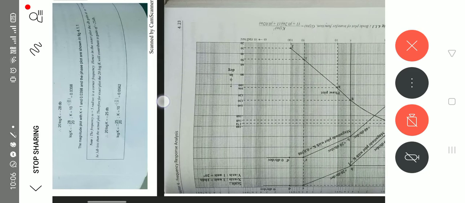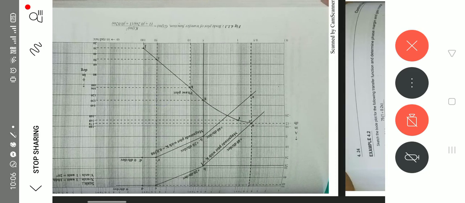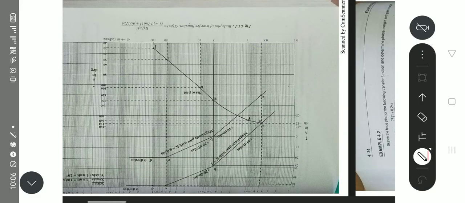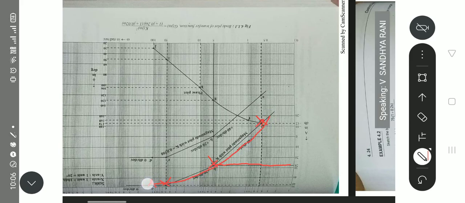So first I am taking the first corner frequency, 0.5. Then the corner frequency is 5, the magnitude is 28 dB. The corner frequency is 50, the magnitude is 48. The corner frequency is 100, the magnitude is 48. So the magnitude plot is this one.